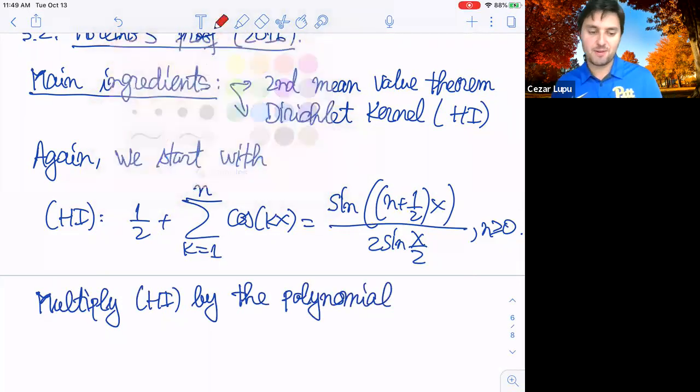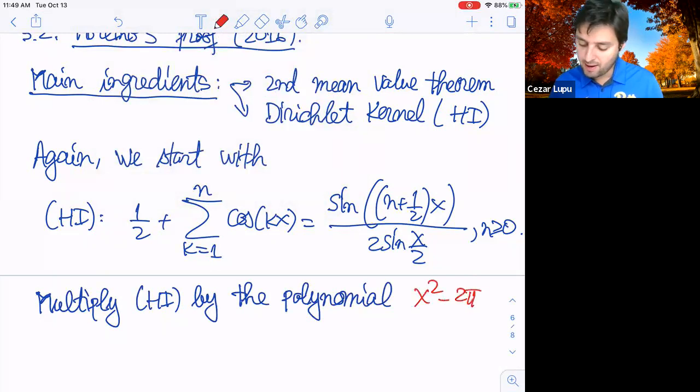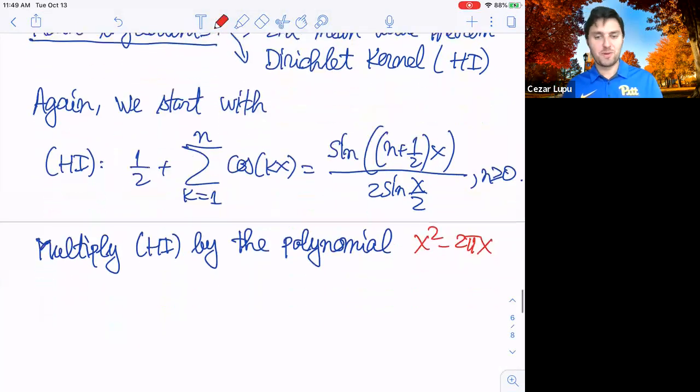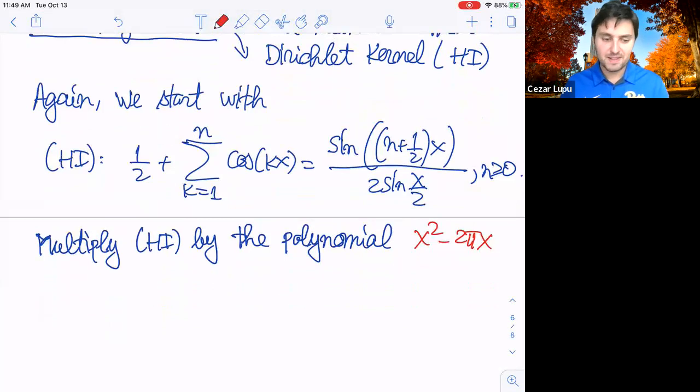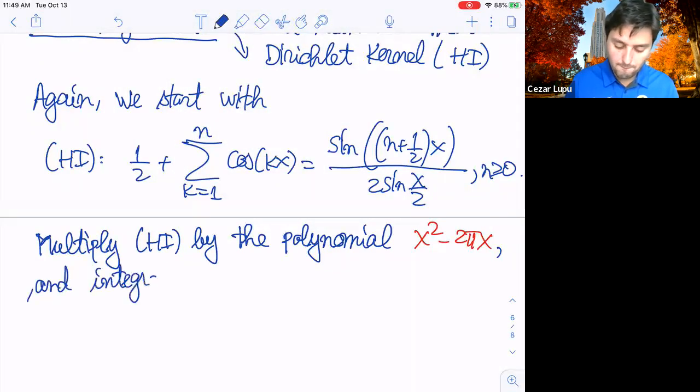Let me write the polynomial in the following way: x squared minus 2 pi x. And maybe you'll wonder where this polynomial comes from. Well, and we integrate over the interval 0 to pi.